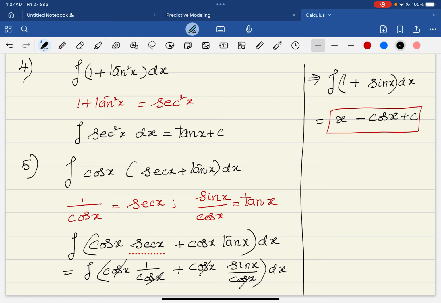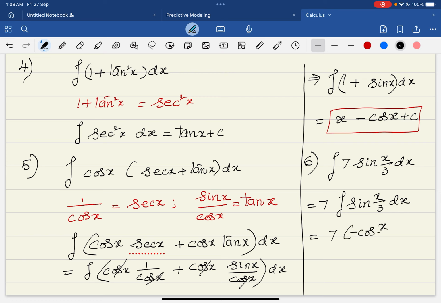For example, I have a function of the type integral of 7 times sine of x by 3 dx. Take 7 outside and do the integral of sine of x by 3 dx. That gives you 7 times the integral of sine, which is minus cosine of x by 3 over the coefficient 1 by 3, plus the constant.